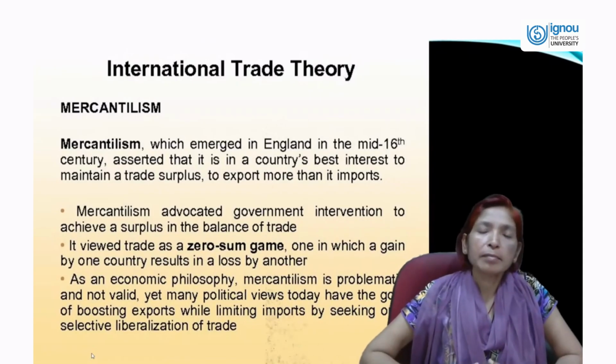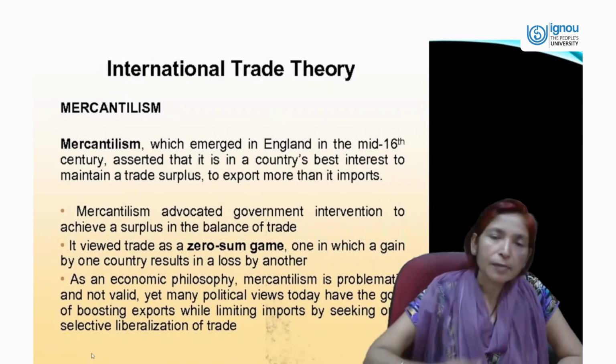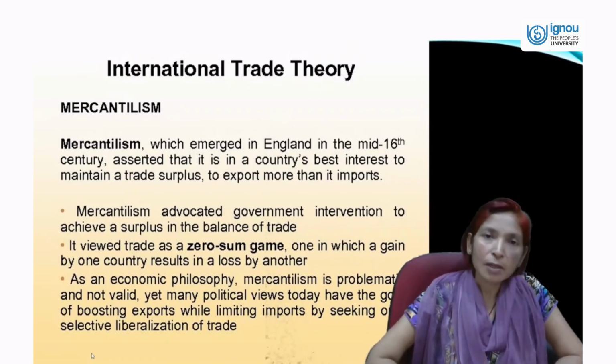This mercantilism trade theory mainly focuses on the reserves of gold and silver and how we can increase these foreign exchange reserves, or gold and silver reserves, by encouraging exports and discouraging imports.